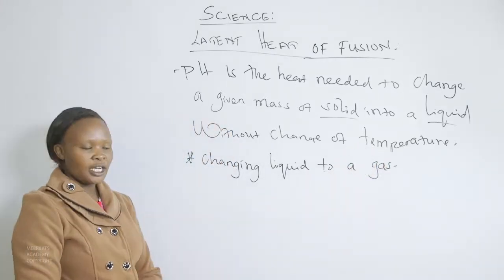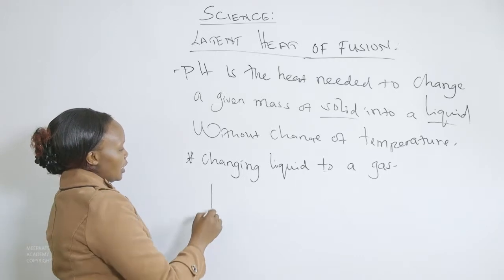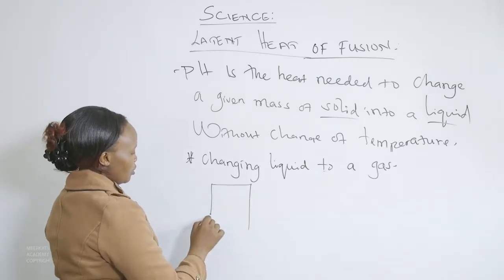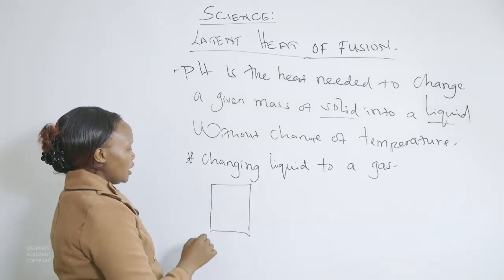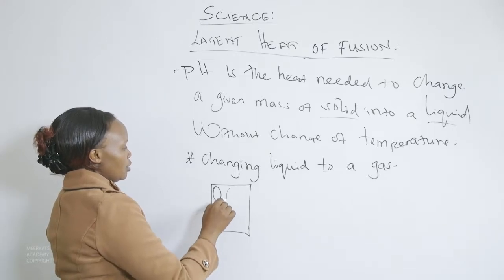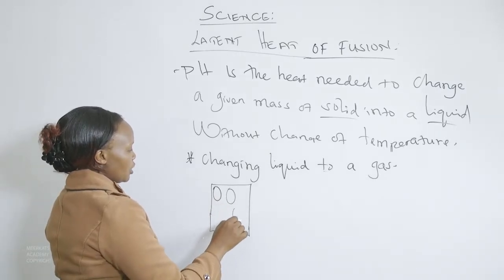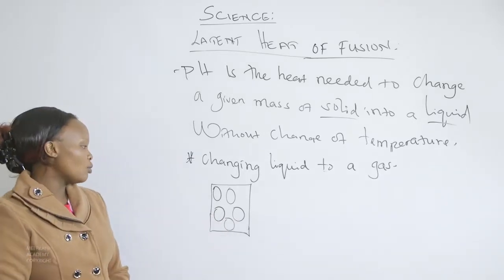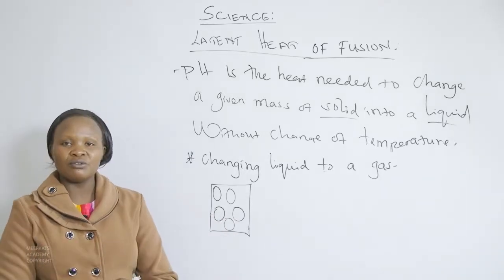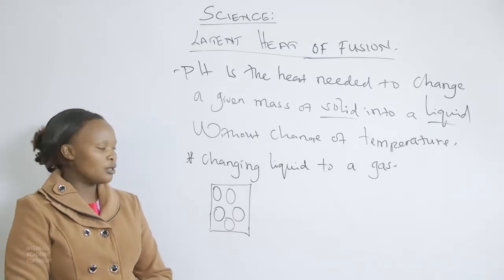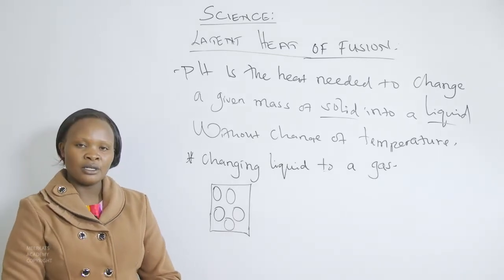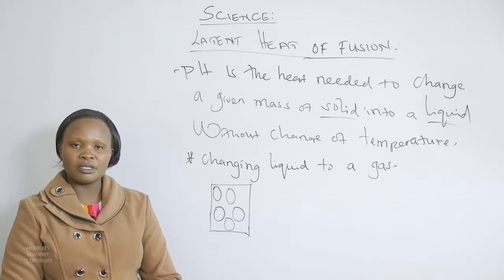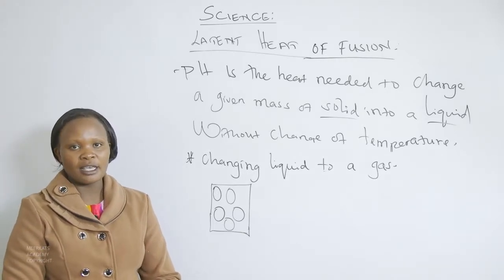When we want to change a liquid to a gas, remember that particles of a liquid have moderate spaces between them, and that's why we say they can move randomly, because they have small spaces between them, and thus they collide.